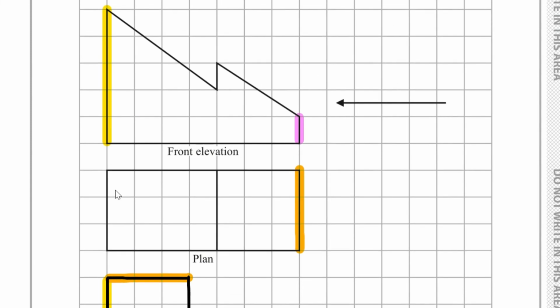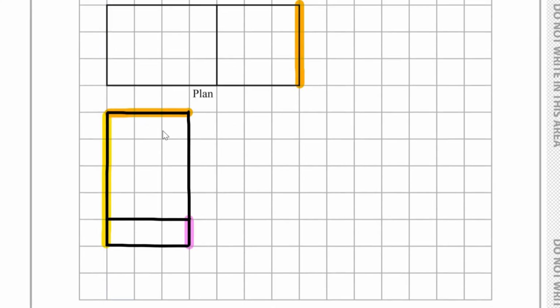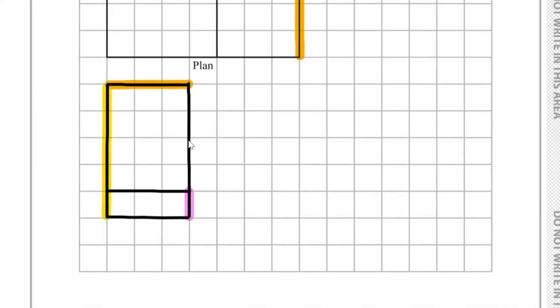And then we've got the height of 2 over here when we look at it from the front. So another 2 squares up, and then drawing a line like so will be that line.